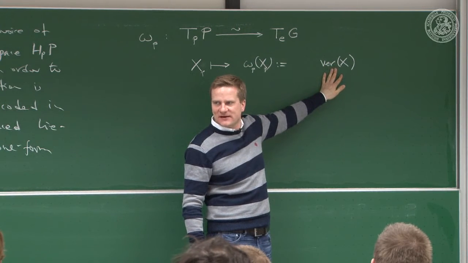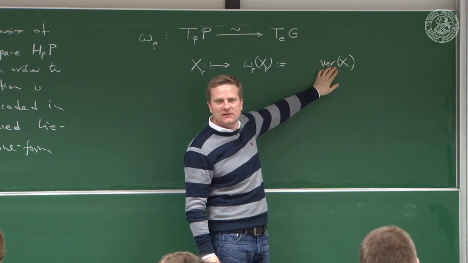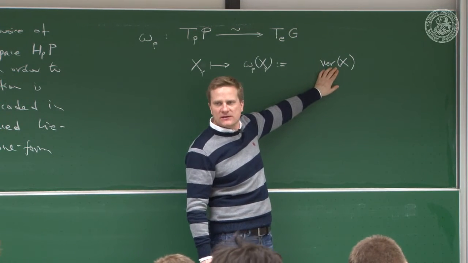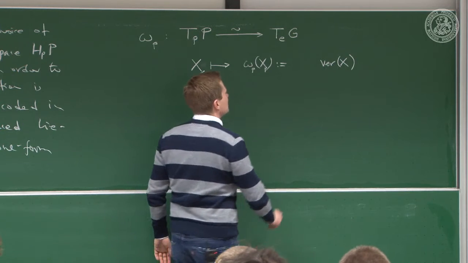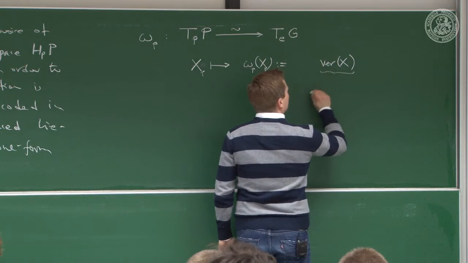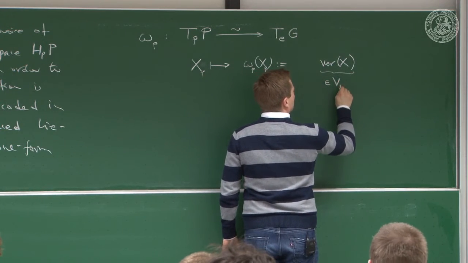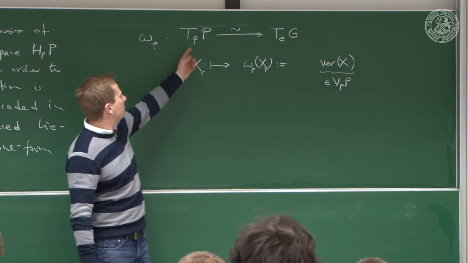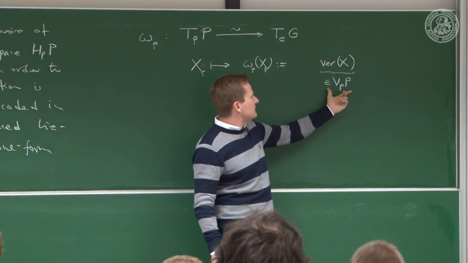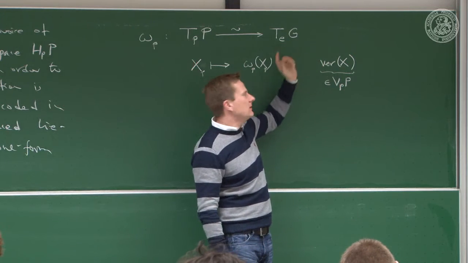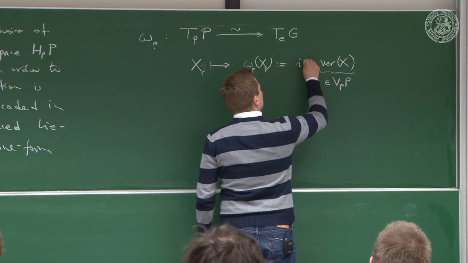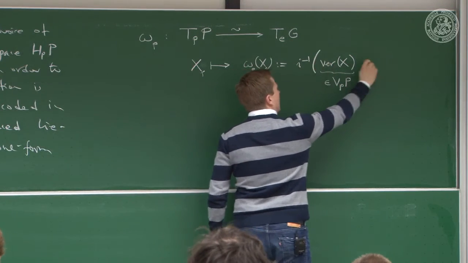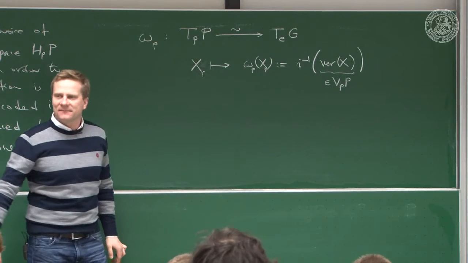caveat I gave, right? So in this vertical part of x is already information about the horizontal subspace, but this will then be an element of the vertical subspace. Take an element of the tangent space, that vertical subspace, but I want a Lie algebra valued one form. Well, I take the inverse of the map I defined in the beginning.